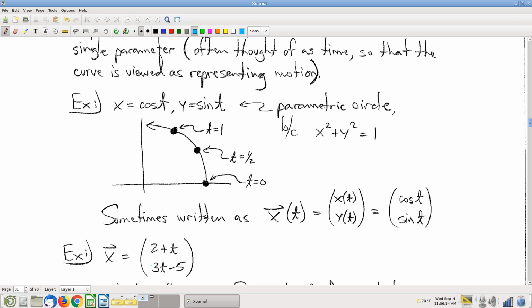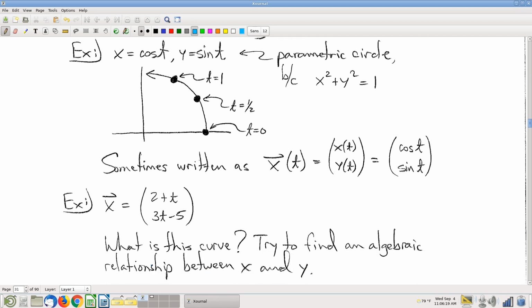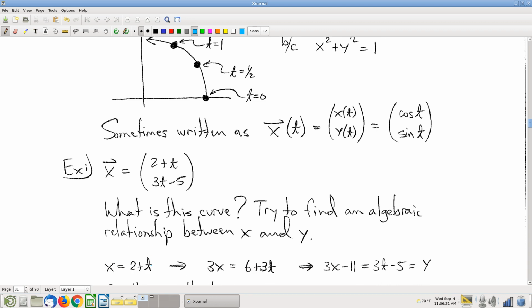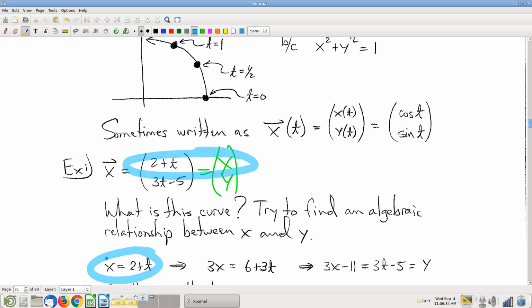And one way to do that is to force it, as follows. I'm going to start with the observation that, of course, this is position. This gives me x and y as functions of t. So I'm going to start with the observation that x is 2 plus t, and I'm going to mess around with it, do things to it, in the hopes of connecting this to y.